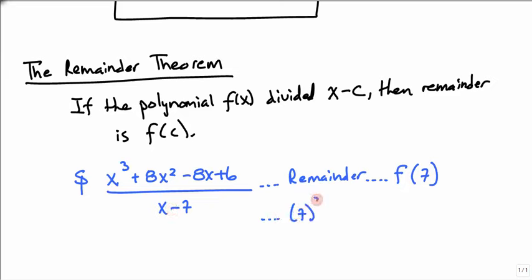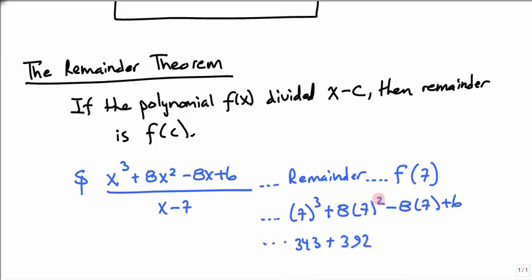So we'd have 7 to the third plus 8 times 7 squared minus 8 times 7 plus 6. If we simplify this, 7 to the third is equal to 343. 7 squared is 49, and 49 times 8 is 392.